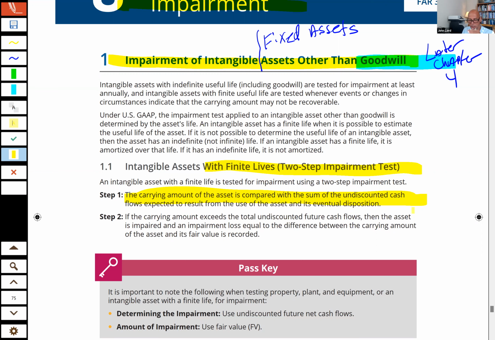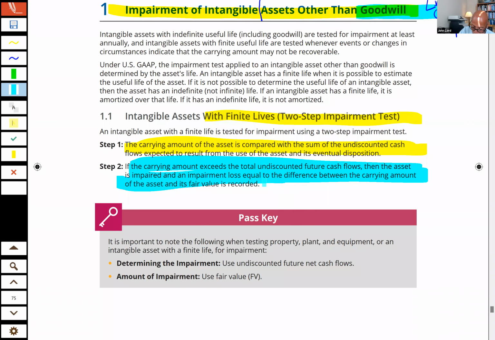If those undiscounted cash flows are less than the carrying amount of the asset, then at that point we say, hey, we're not going to recover the carrying amount. Now we have to go ahead and calculate the impairment. And the way to calculate the impairment is to go ahead and discount those same cash flows to present value, compare that to the carrying amount, and that is going to be the amount of loss.